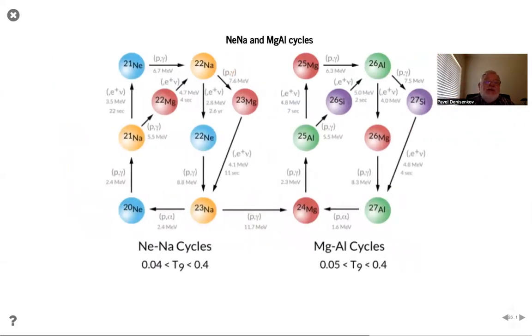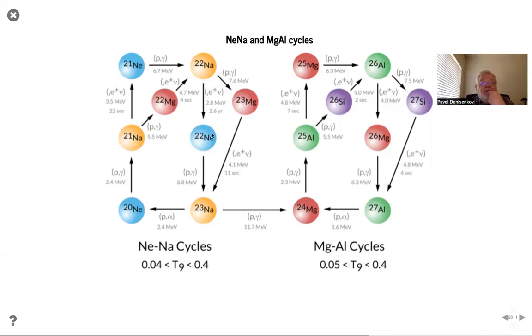Besides CNO cycles, in massive main sequence stars some reactions of the so-called neon-sodium-magnesium cycles can also be active. For instance, the reaction neon-22 (p,γ) sodium-23 consumes the initially more abundant neon-22 and makes sodium-23.